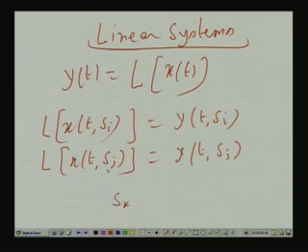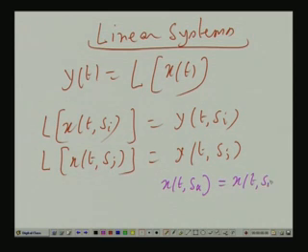That is, suppose you have got a situation where x t s k is nothing but a linear combination of these waveforms: C 1 times x t s i plus C 2 times x t s j.